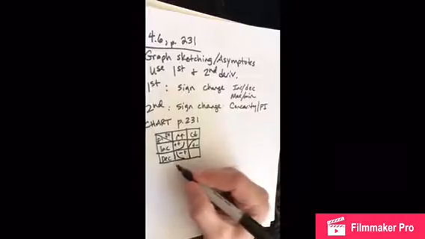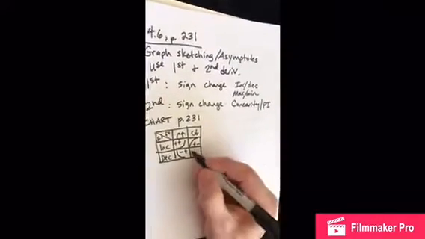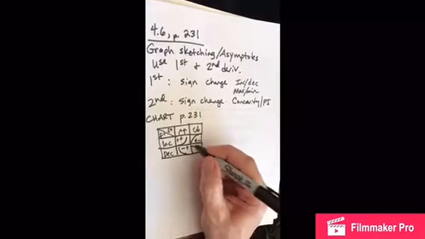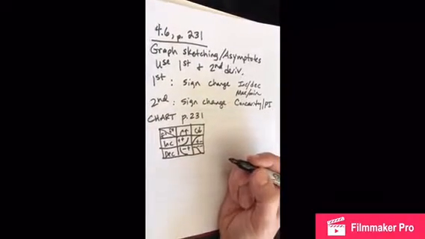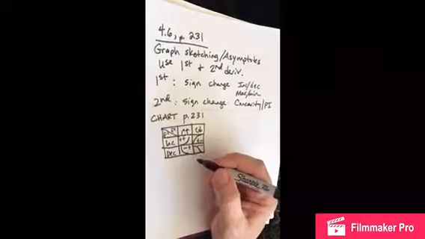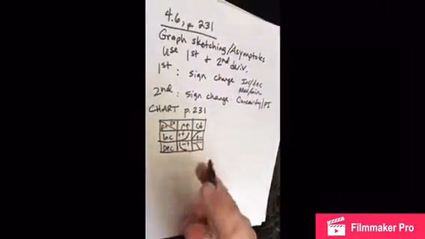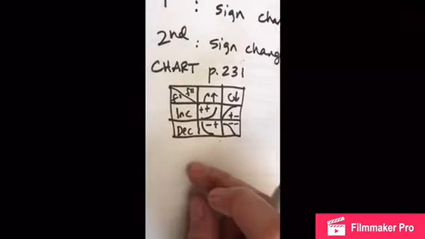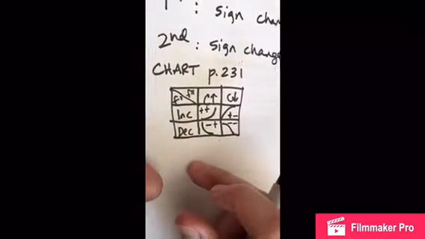If it's decreasing and concave down, it has to look like that. Both derivatives are negative. So I like that chart to use when you're determining all the parts of the graph sketching.